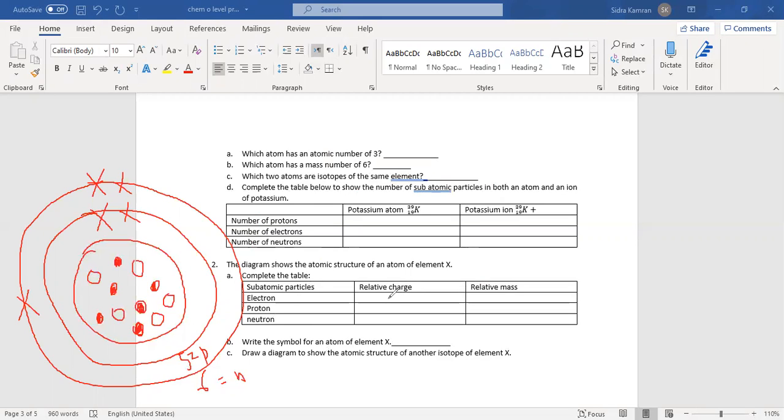Electron has -1 charge, so you just write -1. Proton has +1 charge, and neutron has no charge, it's neutral. Then write the relative masses. The relative mass of an electron is negligible.